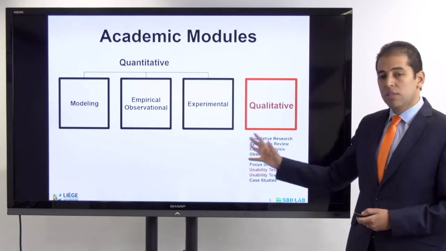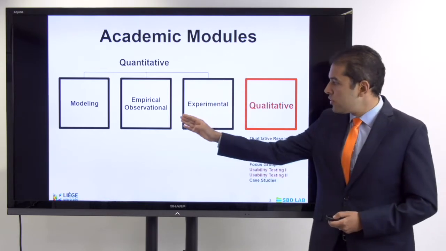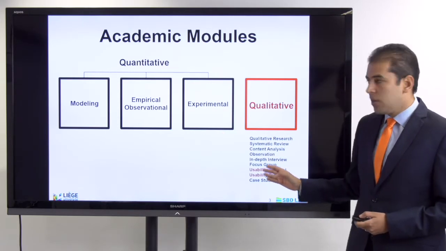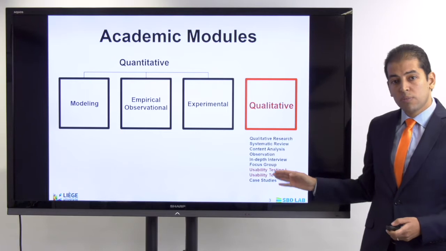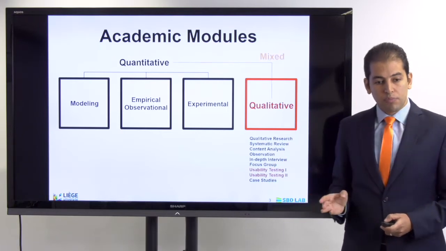Keep in mind that this is the qualitative side. We will have future series on quantitative research methods. Usability can also be classified under quantitative methods, but in this presentation we focus on qualitative usability testing.